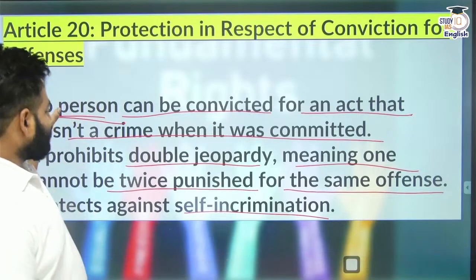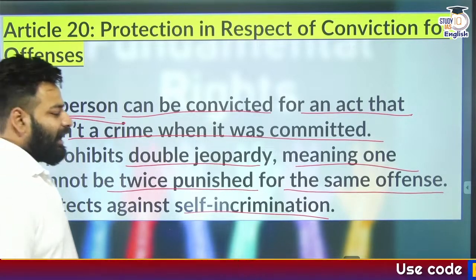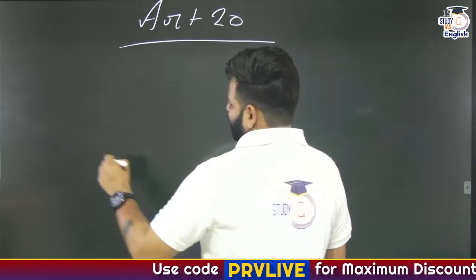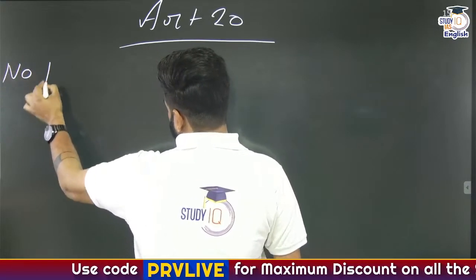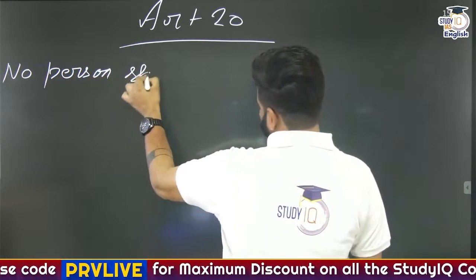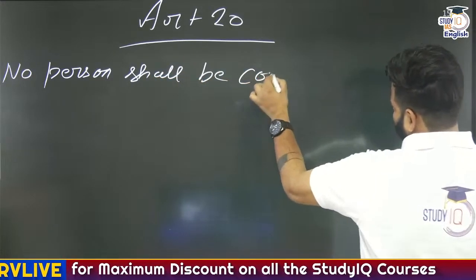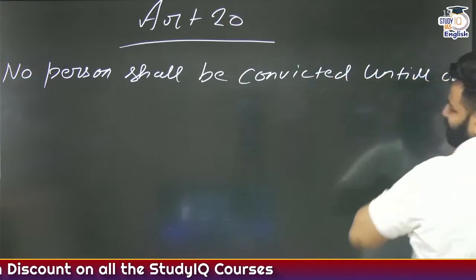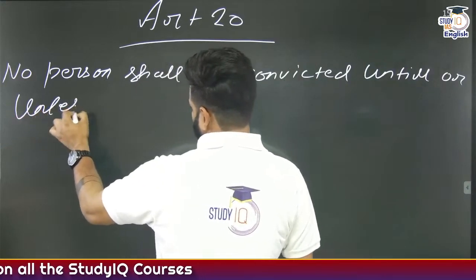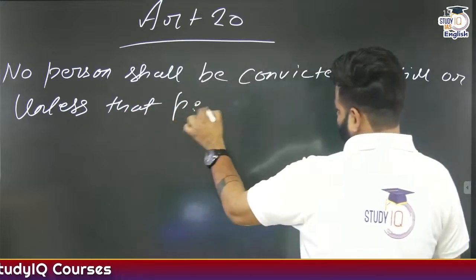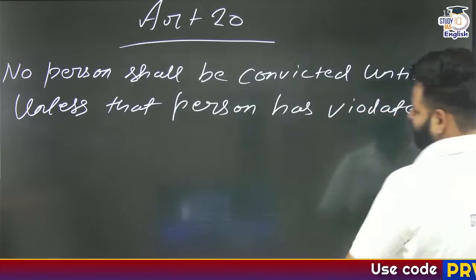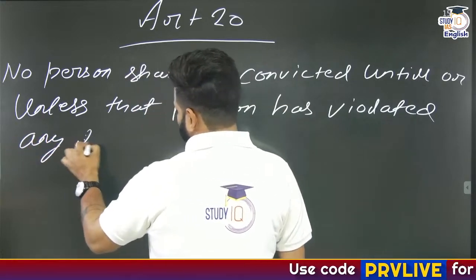Okay, so starting with the first provision, what Article 20 says. Just simply, no person, literally no person, shall be convicted until or unless that person has violated any law.